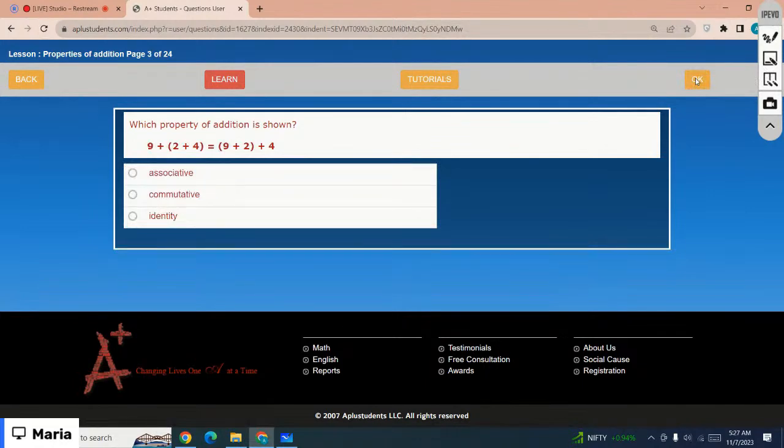Which property of addition is shown? 9 plus 2 plus 4, 9 plus 2 plus 4, which is the correct option? The correct option is, that is the associative property.